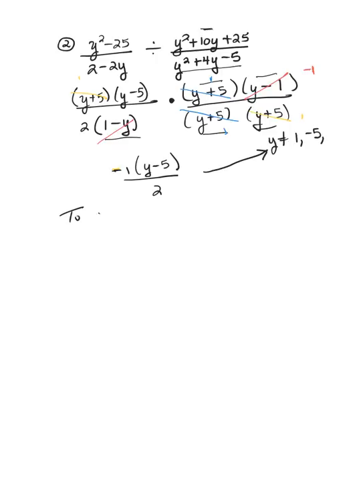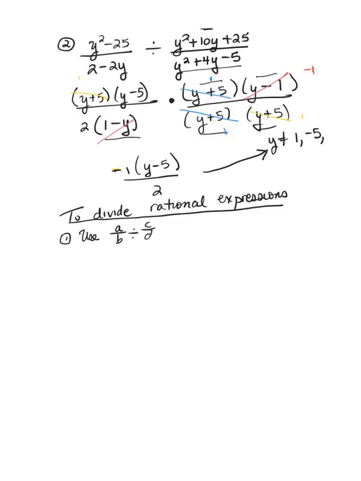To divide rational expressions, we use the theorem that a over b divided by c over d equals a over b times d over c.